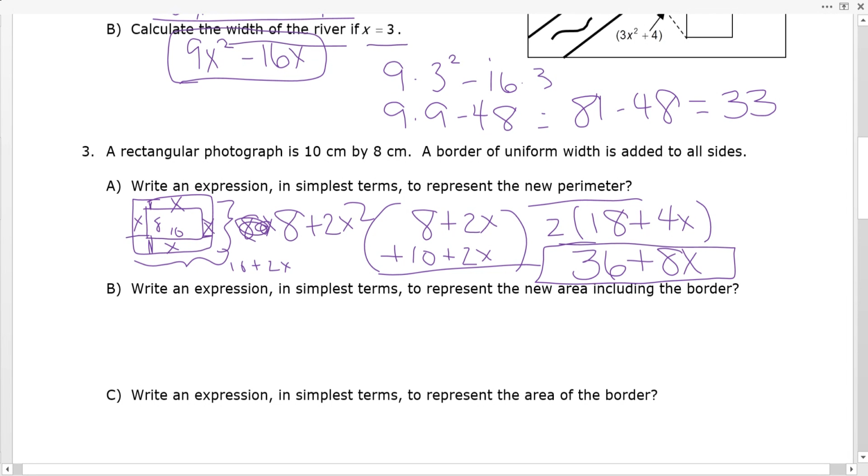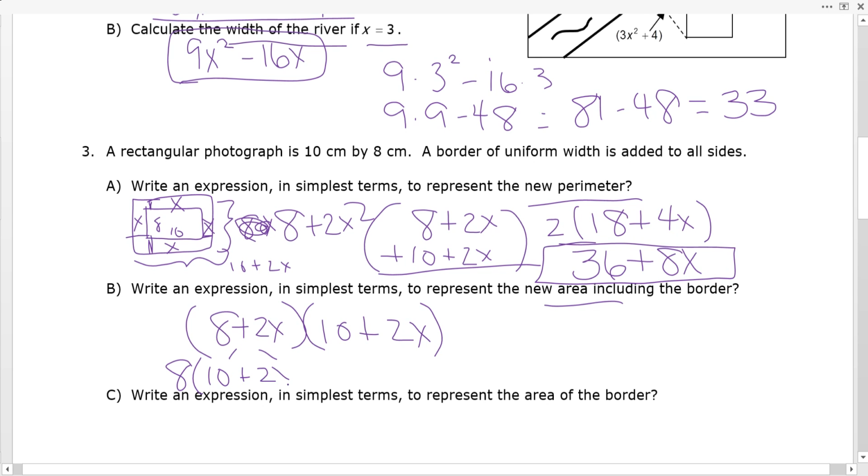Okay, so if I'm going to find the new area, I'm going to have 8 plus 2x times 10 plus 2x. So now I'm going to do my double distributing. So I'm going to have 8 times 10 plus 2x plus 2x times 10 plus 2x.